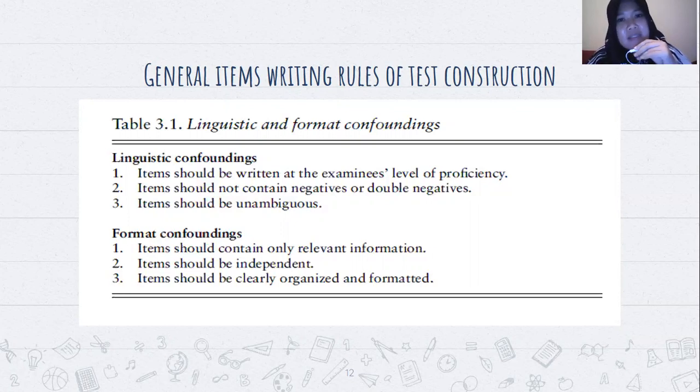The second one here is the format confounding. In the format, the first rule is that the item should contain only relevant information. Yes, of course, in order to give appropriate answers to the test.